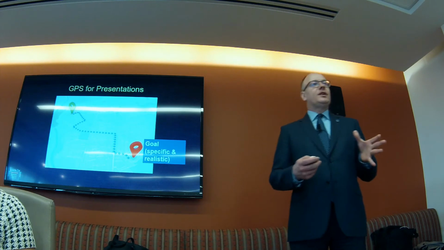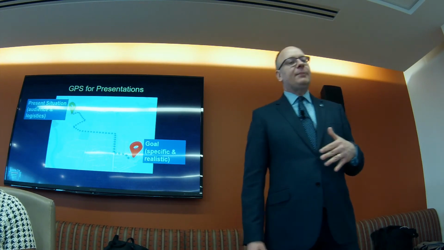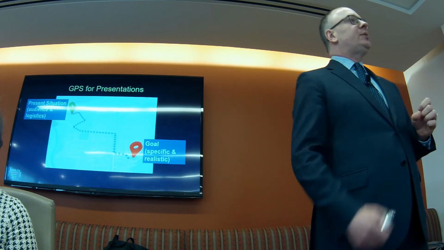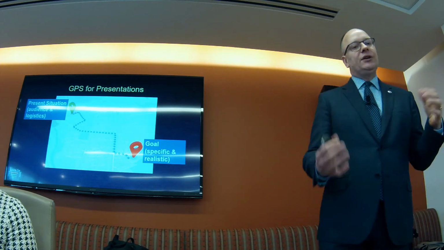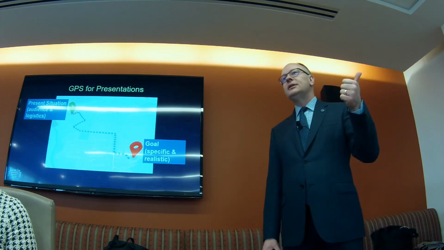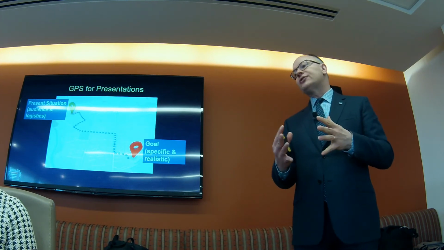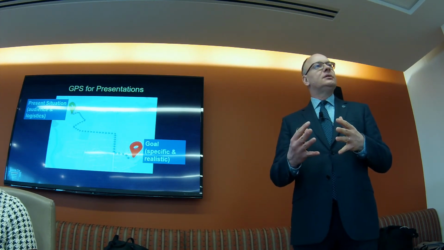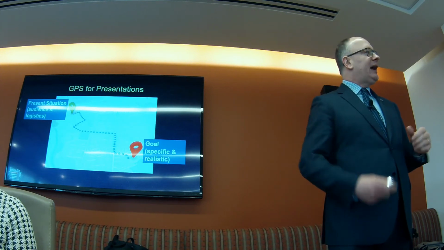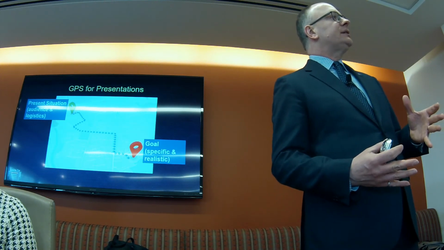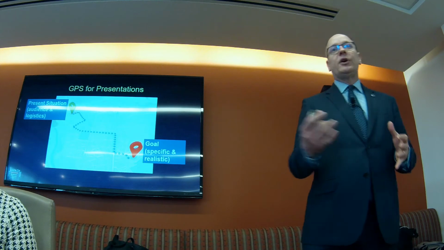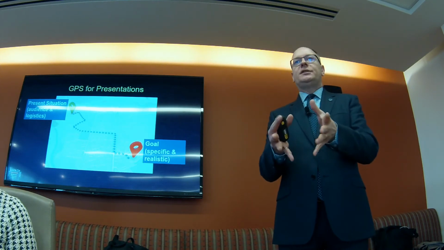Then, like the GPS figuring out where you are now, the next step is to evaluate the present situation. Two parts here. First of all, the audience. Who are they? What is their knowledge level? Where are they coming from? What is their background? And then the logistics. How is this presentation going to be done? Some of you work with boards where you meet together all the time.